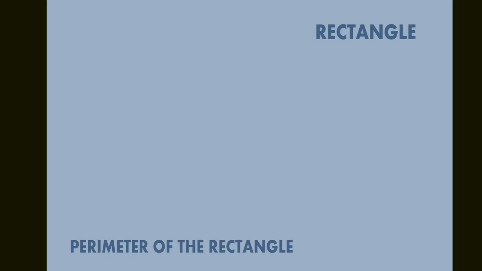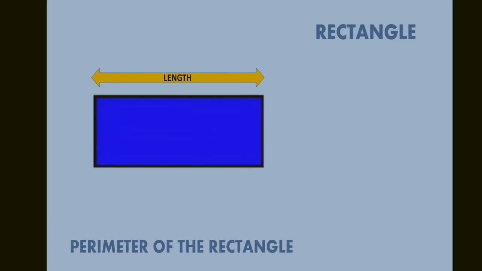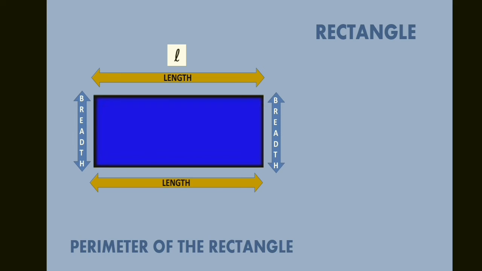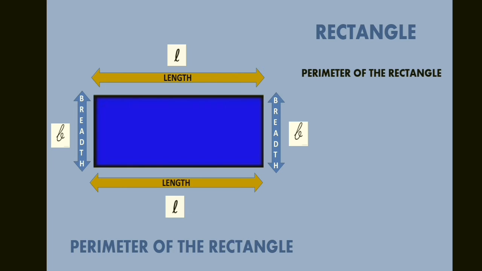Now, to find the perimeter of the rectangle, let's take the same rectangle, with length as the horizontal portion and breadth B as the vertical portion, L and B. For any perimeter we are going to go around, that is, move around the shape. So let's start with L. What's inside the red circle?